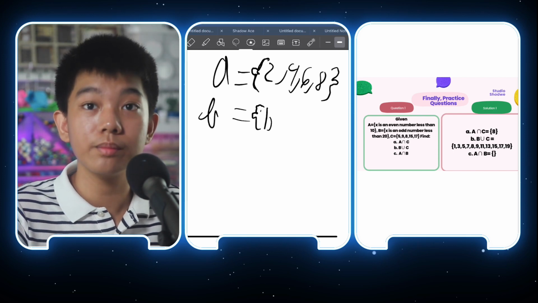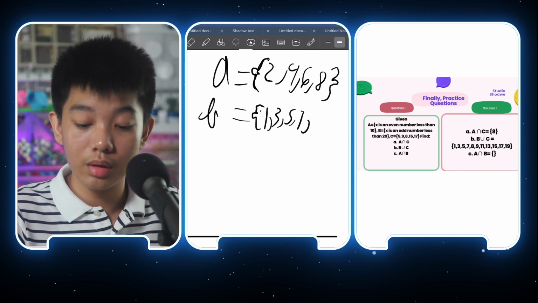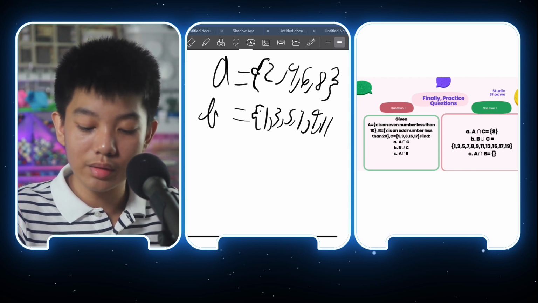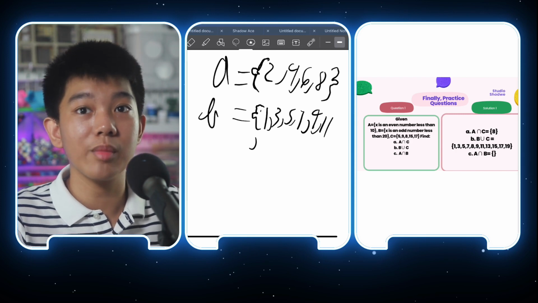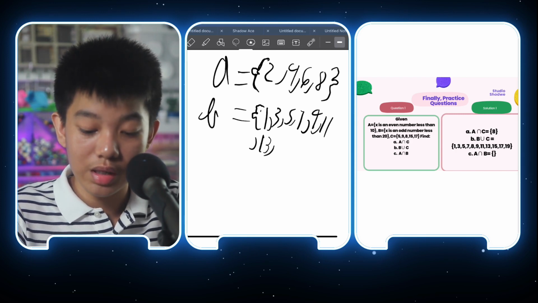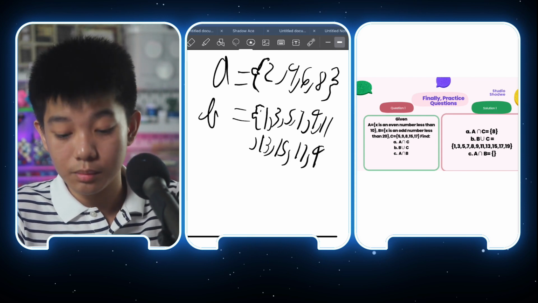So 1, 3, 5, 7, 9, 11. Make sure to write these in ascending order to not mix them up. 11, 13, 15, 17, 19.